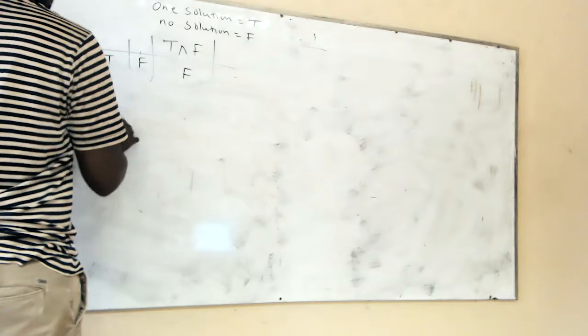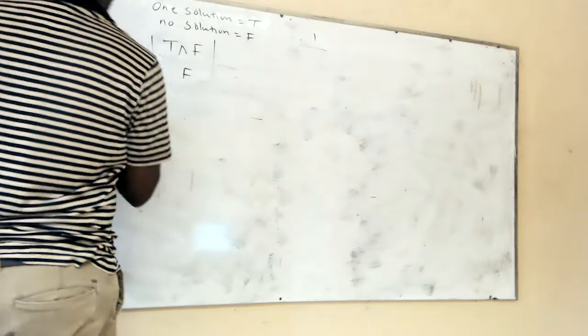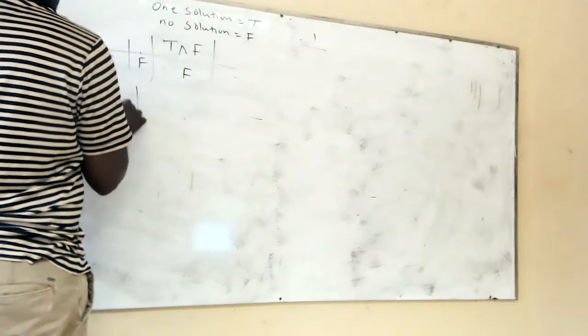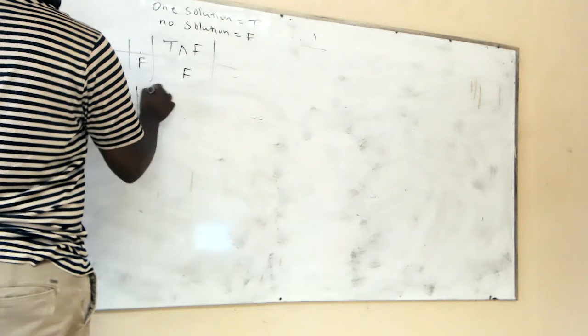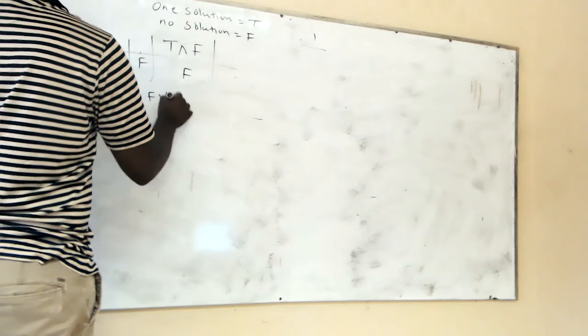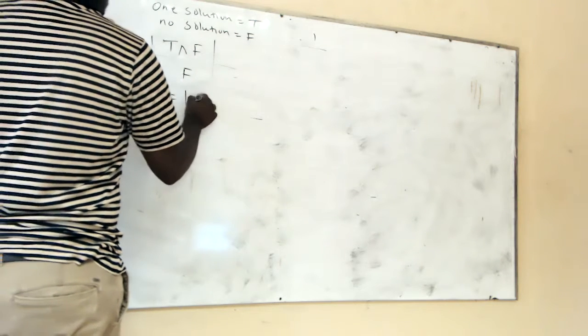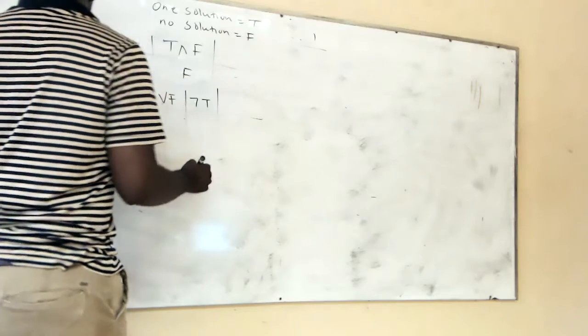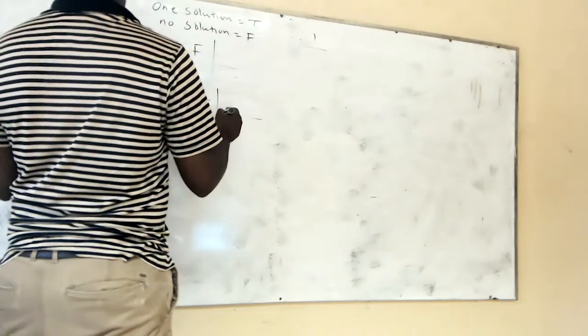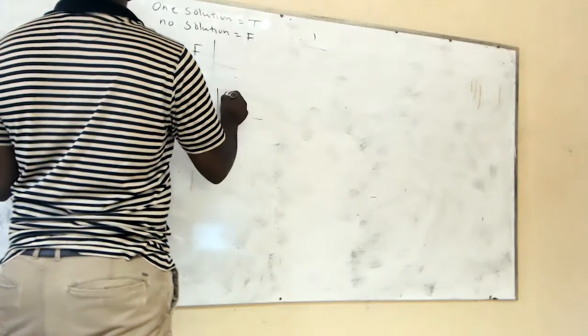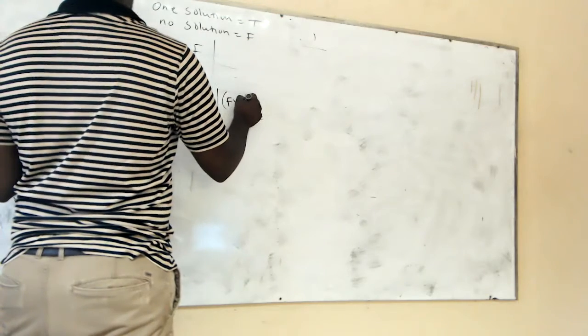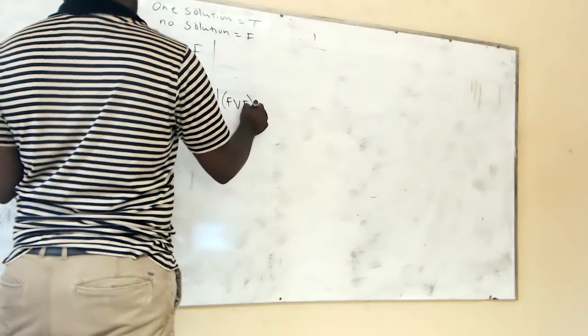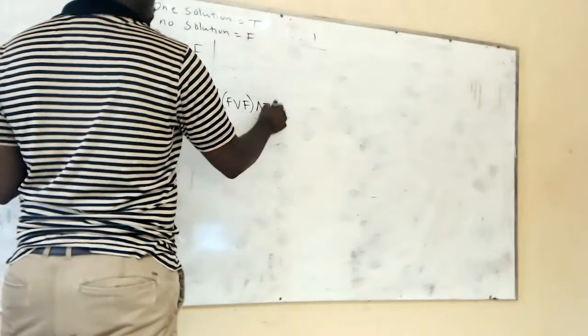Here we are using the truth table again. So we have true and false. Then we start with false or false, and then not true, and then the conjunction of false or false and not true.